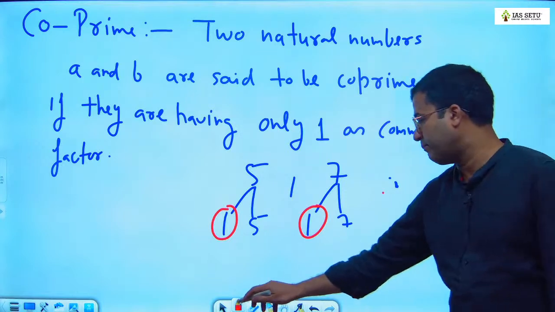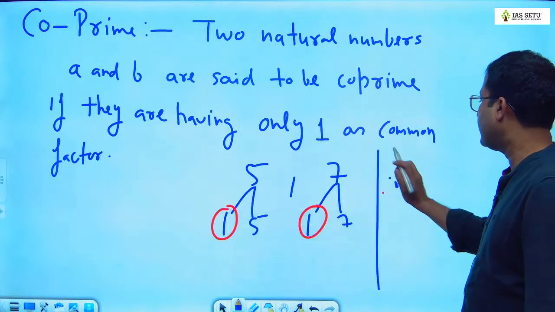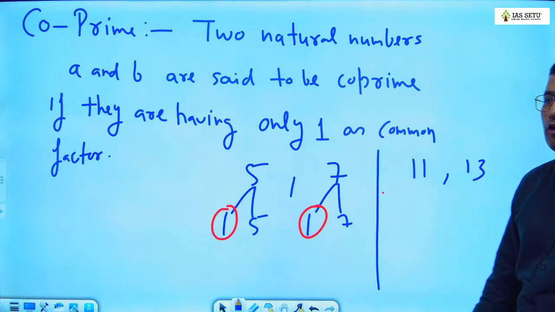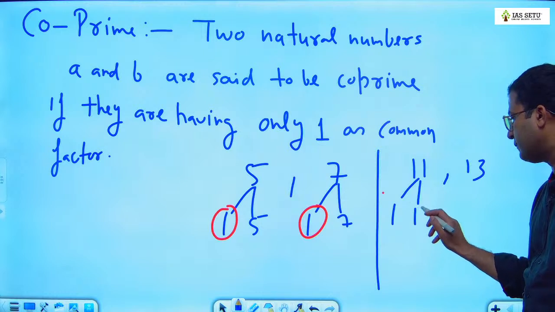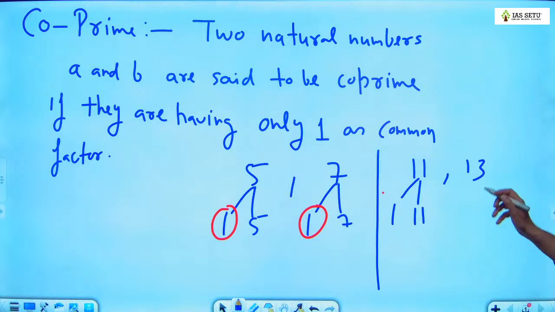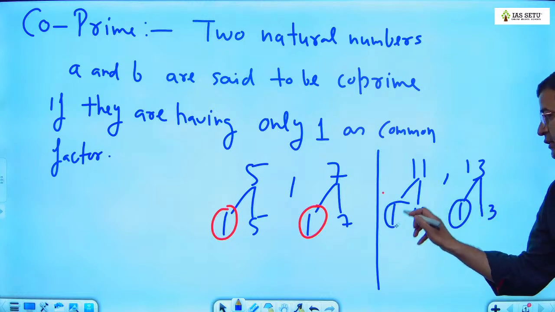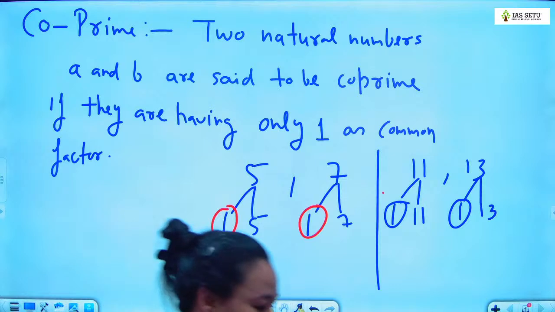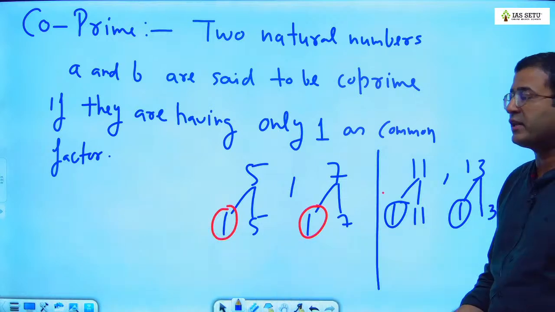One more example, like 11 and 13. Factors of 11 are 1 and 11. Factors of 13 are 1 and 13. Common factor only one. Since they have only one as a common factor, 11 and 13 are co-prime to each other.